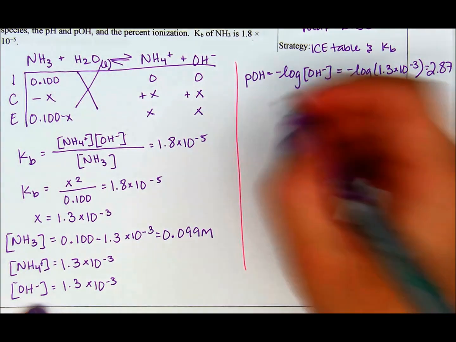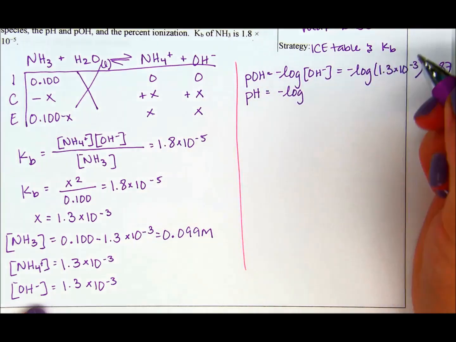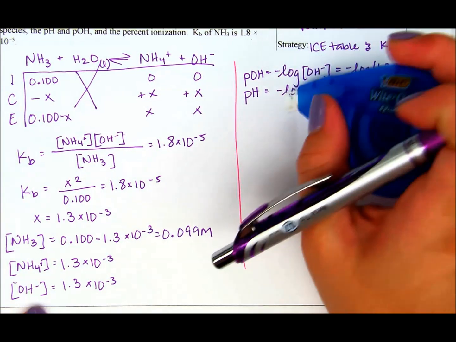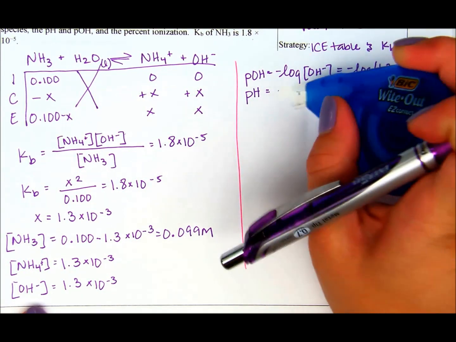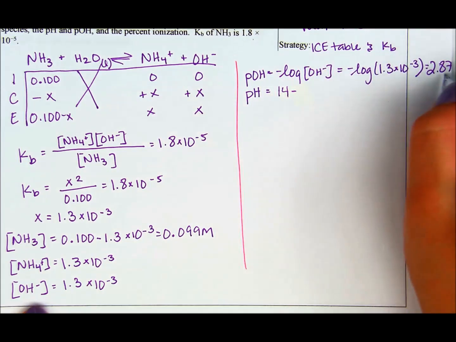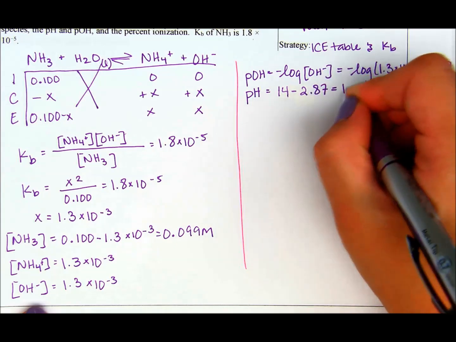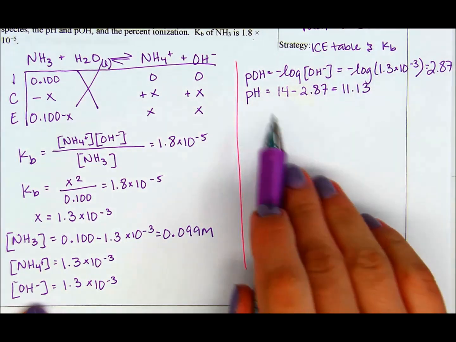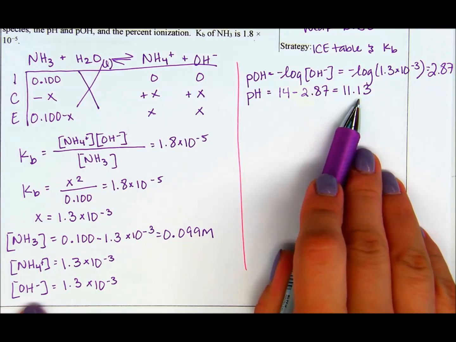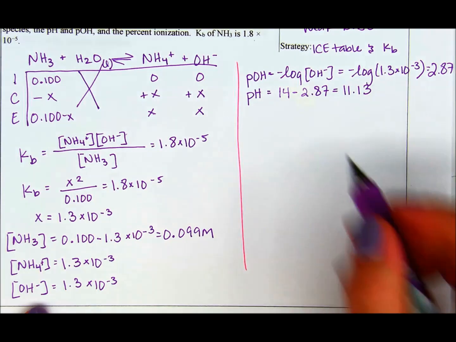Now I'm going to go ahead and find my pH. pH equals negative log of, or actually, sorry, I don't want to do it this way because I don't have my hydrogen ion concentration. I'm just going to go ahead and do 14 minus my pOH, which is 2.87. And that gives me 11.13. So my pH, again, is high, which indicates a base, so that's another check that I can do as I'm going along in these problems to make sure I'm doing them correctly.